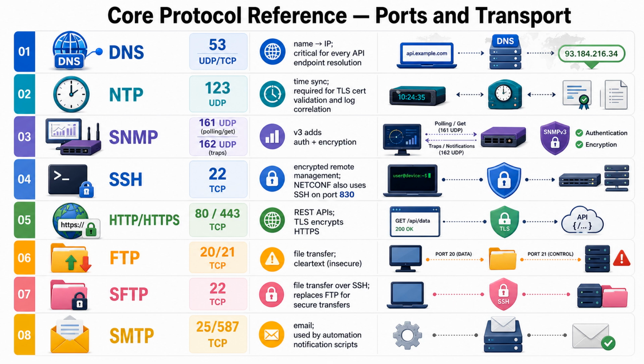Instead, use SFTP, SSH File Transfer Protocol, which piggybacks on the SSH connection on port 22 and encrypts everything. Finally, SMTP, Simple Mail Transfer Protocol, is port 25 or 587 TCP. Automation scripts commonly send email alerts via SMTP when a monitored threshold is crossed or a deployment fails.